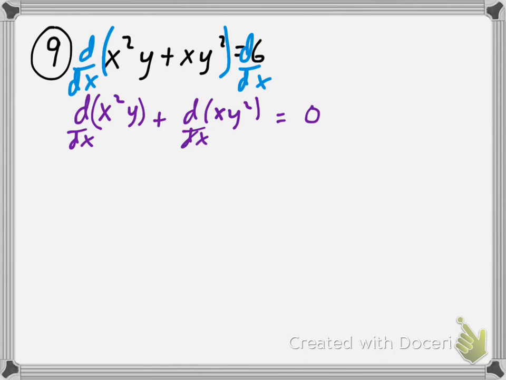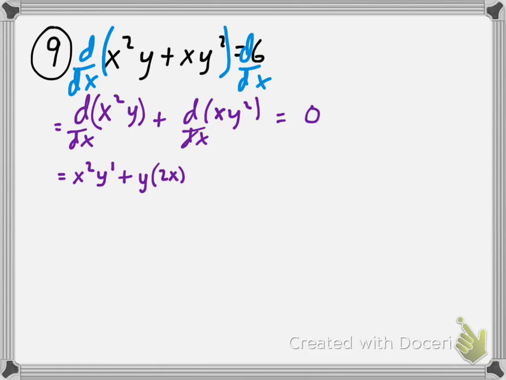Taking the derivative of x squared y, we have the derivative of a product: the first times the derivative of the second, and the derivative of y is just y prime, or dy/dx, plus the second function, y, multiplied by the derivative of the first, which is 2x. The derivative of x squared is 2x.